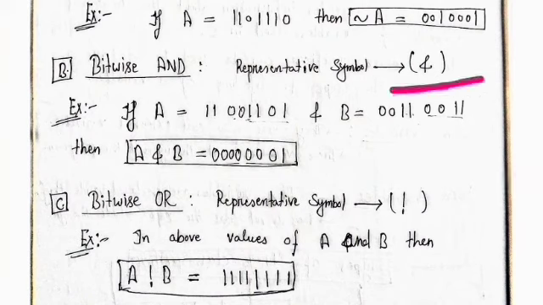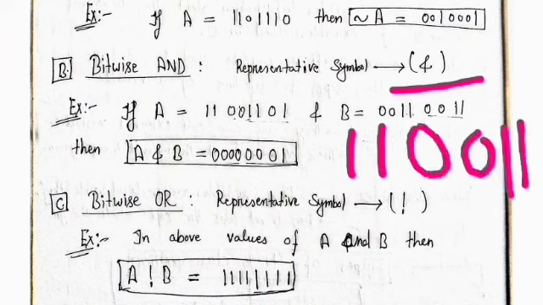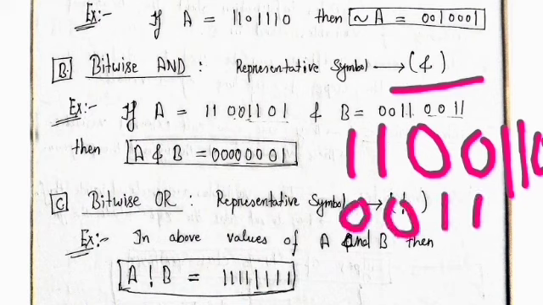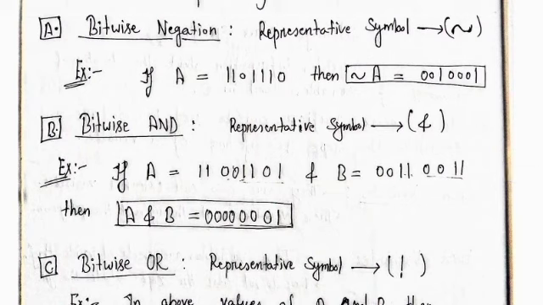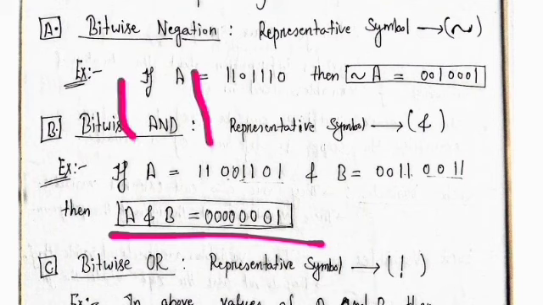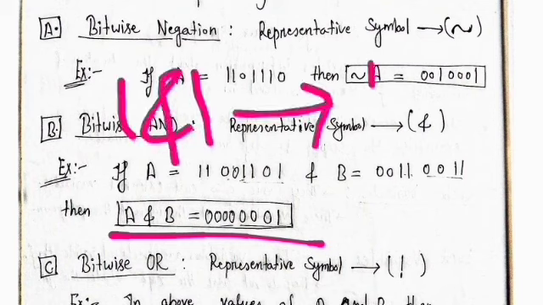If the value of A is 1 1 0 0 1 1 0 1, and the value of B is like 0 0 1 1 0 0 1 1, then the value of A and B is given like 7 times 0 1, and we know that if any value of A or B is 0, then it produces 0. If both values are 1 1, then it produces 1, else 0.